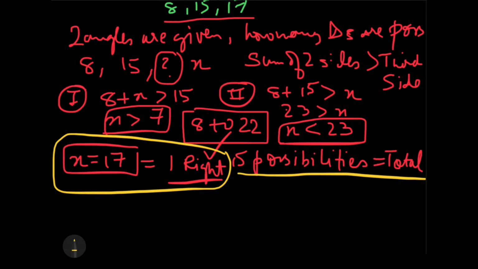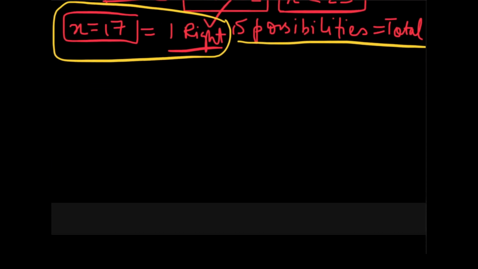Here also I need to make two cases so that I can get a range of x, a lower value and an upper value. So let's do that as well. Let me just scroll down and get the value. Okay, so the first case would be if I take 15 as the hypotenuse, because of course we cannot take 8 as the hypotenuse since it's already less than 15.